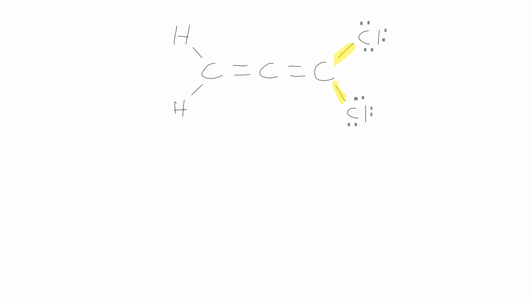Well, that carbon on the right has 3 electron groups, so it's sp2. The chlorine has 4 electron groups, so it's sp3. So we would say that the bonding between a carbon and a chlorine is a result of a sigma bond forming from an overlap of carbon's sp2 hybrid orbital with chlorine's sp3 hybrid orbital.